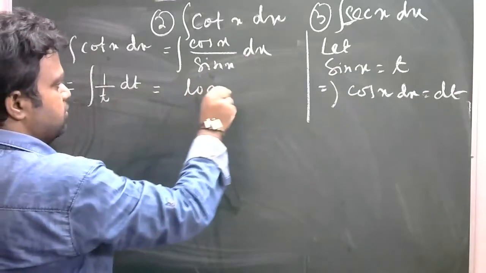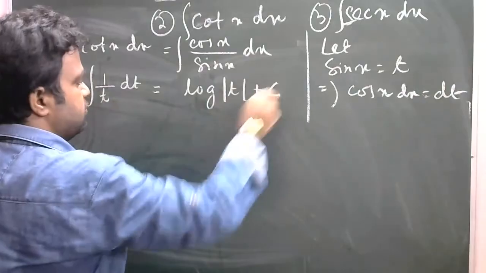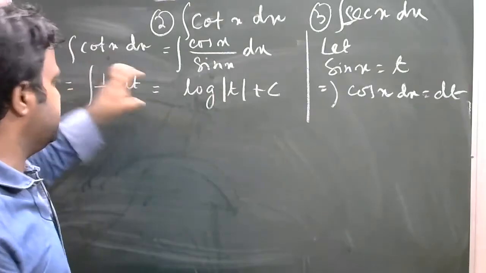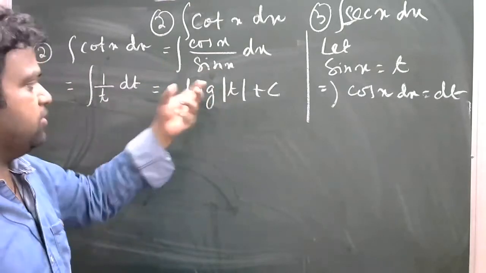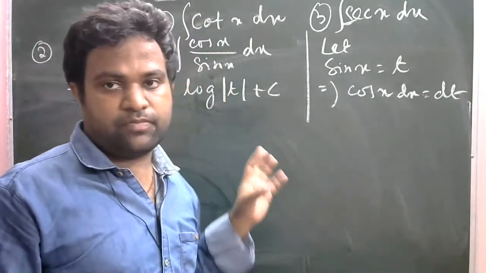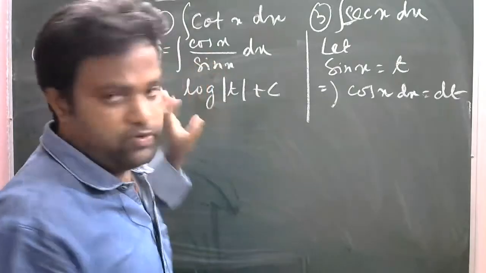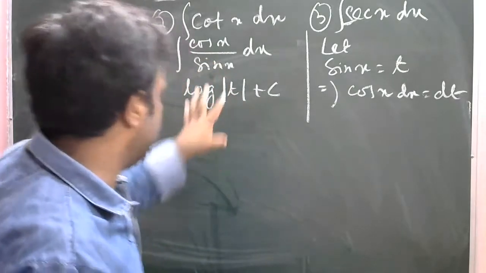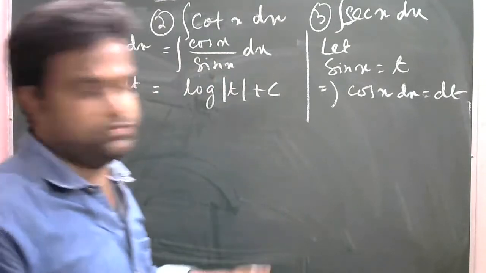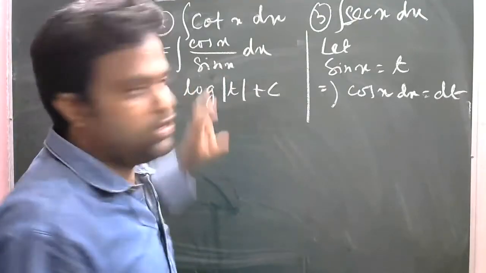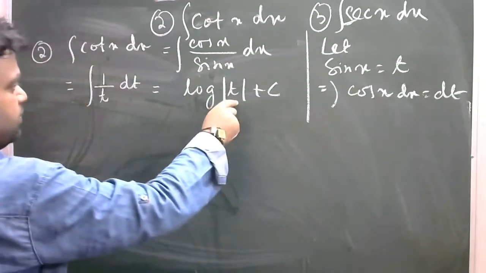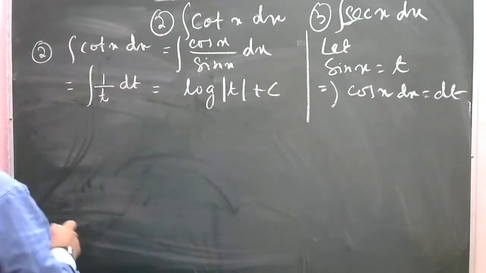So this is integration of 1 upon t dt, which will be log mod t plus c. Why t mod? I think all of you know it. 1 upon t dt is log mod t, not just log t, because we will only find logs for positive values. If possible, I'll do one more class on the proof.